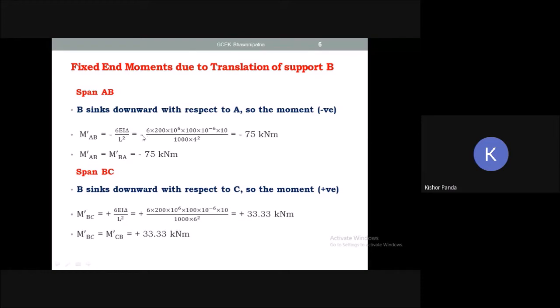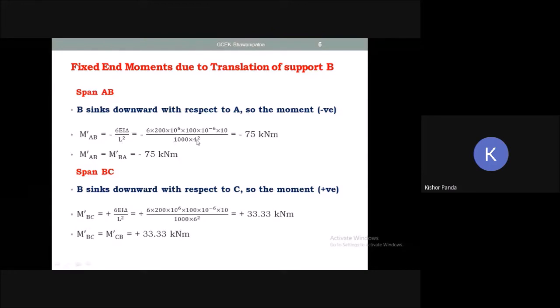Here E value and I value are given. E is given as 200 into 10 to the power 6, I is given as 100 into 10 to the power minus 6, and delta is given as 10 mm. So you have to convert to meters, so divide by 1000, 10 by 1000, and L square.